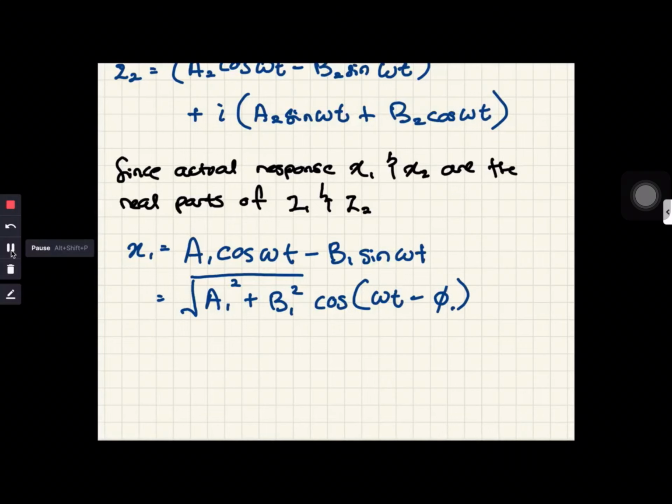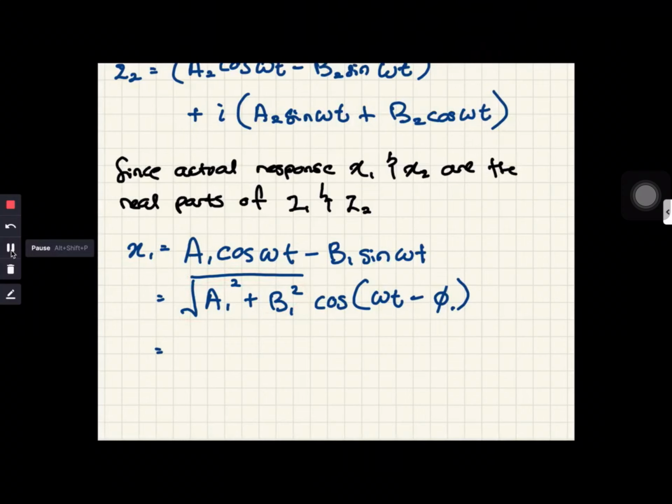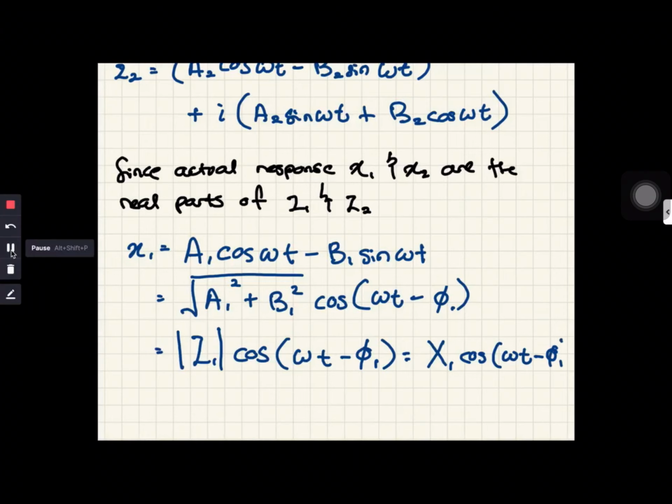So this term over here is the magnitude, which is also equal to the magnitude of capital Z1 cosine omega t minus phi 1, which also relates to the magnitude of capital X1 cosine omega t minus phi 1.